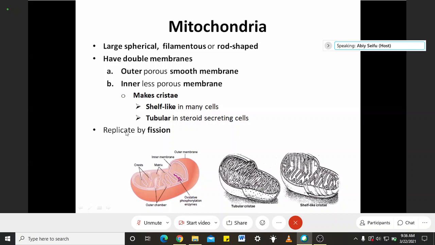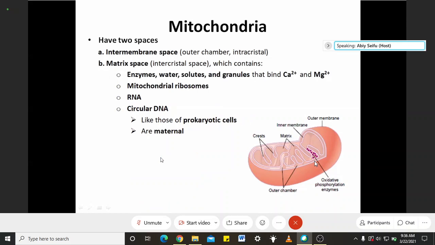And these mitochondria are able to fuse as well as split. Two mitochondria can come together to form one, and when they need to be multiplied, they just simply grow and split.